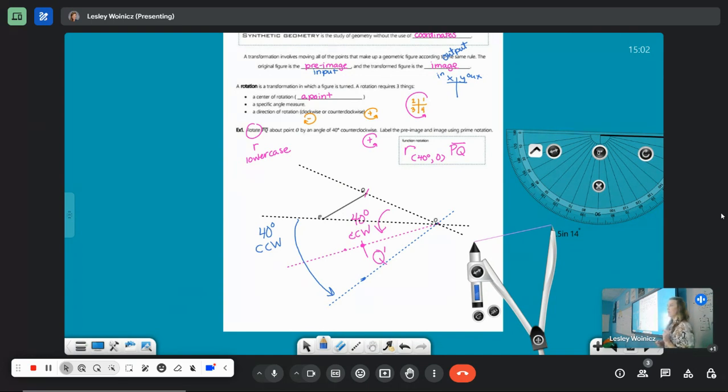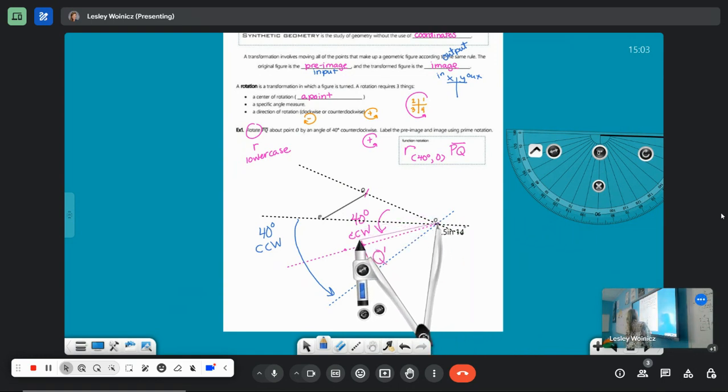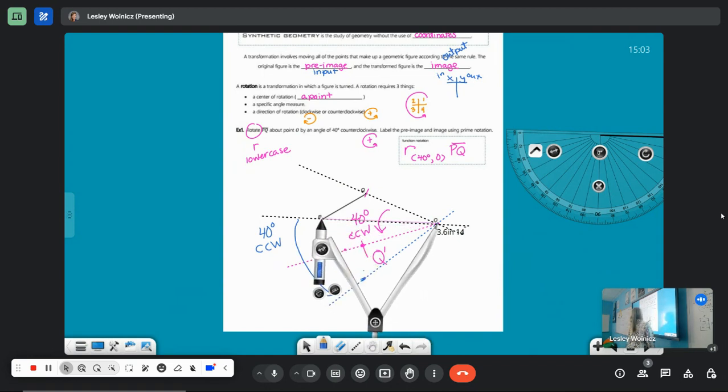Okay, who can tell me what my next step is? How do I find where on that auxiliary line to put P prime? Yeah, measure it with the compass. Very good. All right, so I'm going to measure my distance from O to P so that I know how far away P prime has to be.